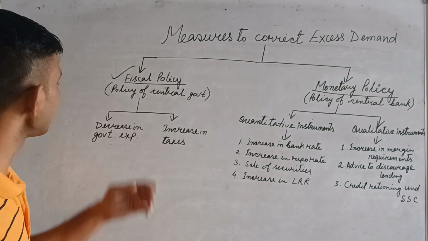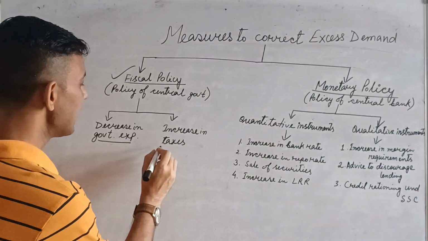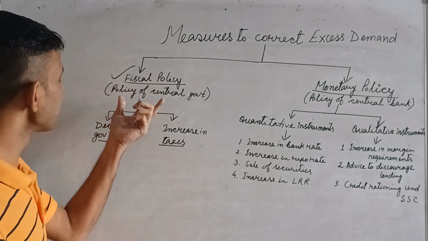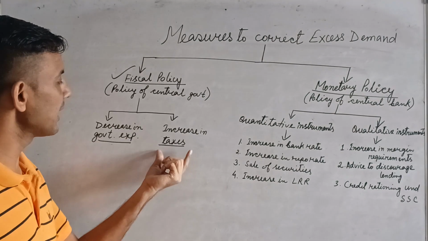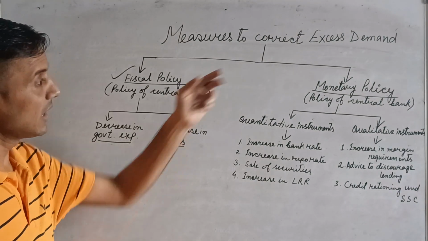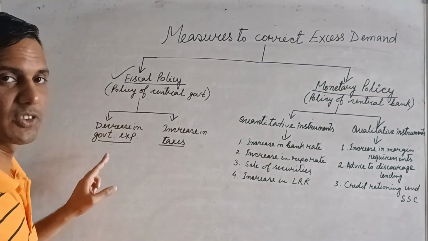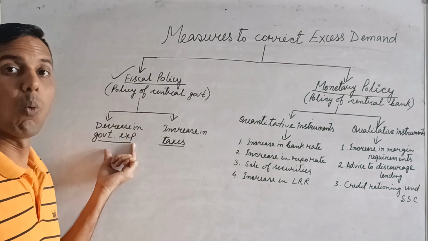In fiscal policy there are two parts. One is the government expenditure and another one is the tax. Is it clear? If excess demand is there, then what will fiscal policy do? They will decrease the government expenditure. Why?